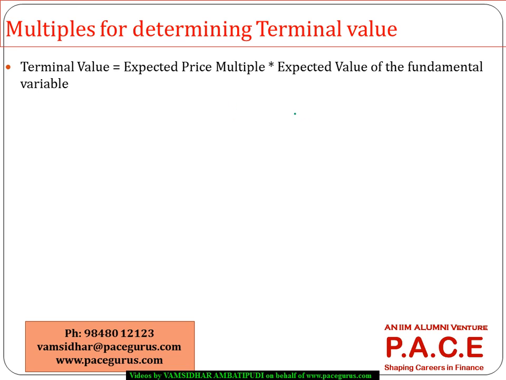We have looked at finding out the terminal value, which is the period from where there is going to be a constant growth rate. At this point, we were trying to find out the terminal value, and we were majorly using either the Gordon growth model, or we said we can use the multiples based approach.